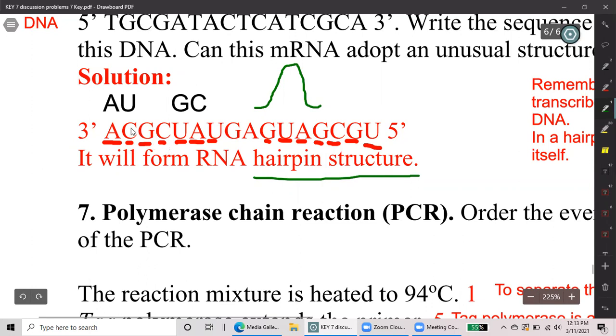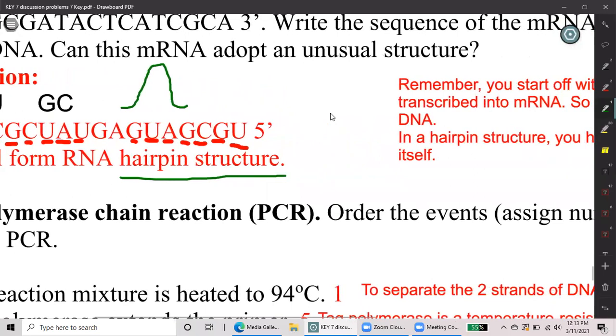But basically, you can draw the little arrows, and if you see this trend where these guys can bind with these guys, then that means that they will. And they form this little RNA hairpin structure. Okay, that's the three-dimensional structure that they're talking about.